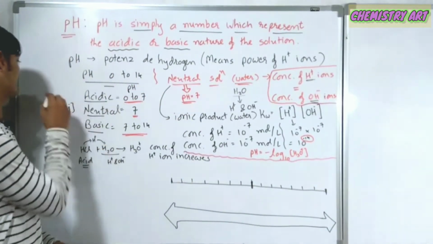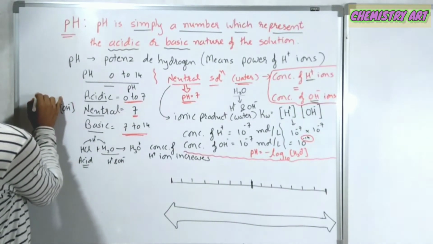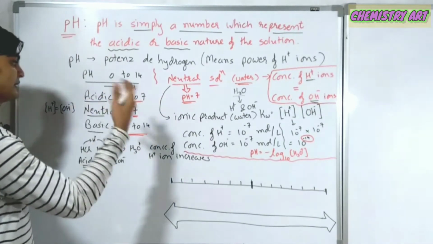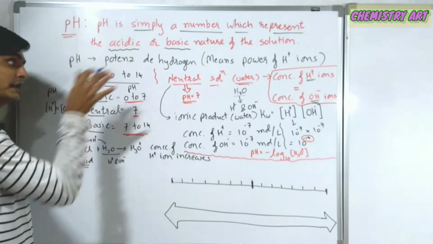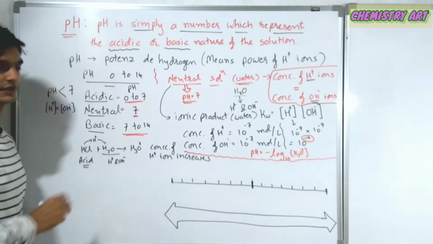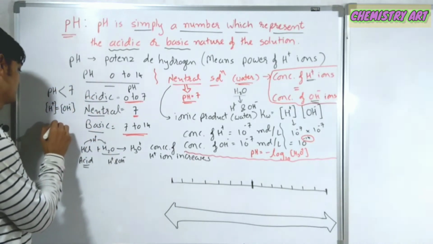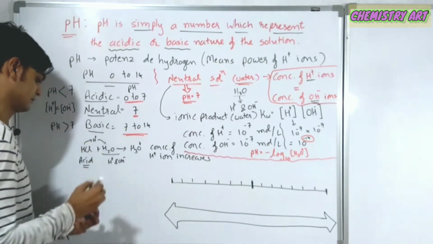Okay, so I can write here the concentration of H plus, meaning the pH is 0 to 7. I can say that the pH is less than 7. 0 to 7 means pH is less than 7, and here I can write that pH is more than 7.